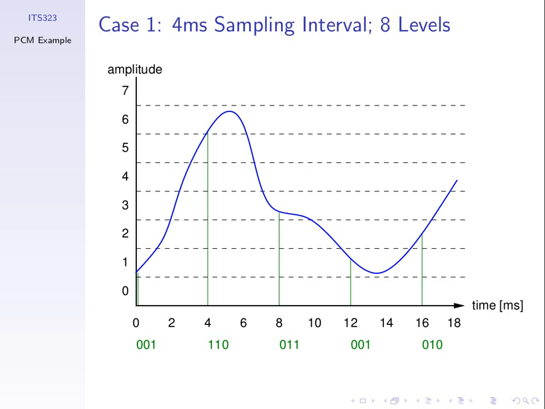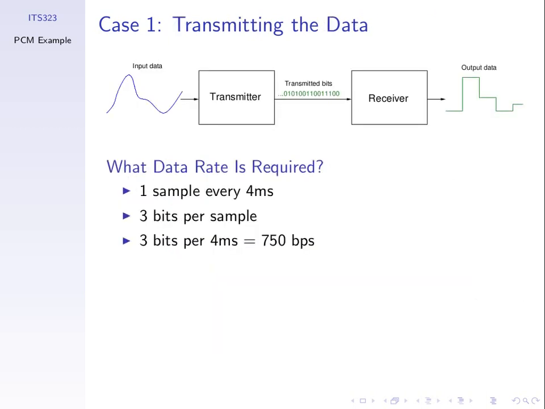We can now transmit those bits across our communications link, for example using non-return to 0 or any other encoding technique. And the receiver should receive those bits, and then the receiver has the job of reconstructing the analog data. It takes those bits and tries to produce the original analog data. It's captured here where we have an input data. The transmitter includes a codec or a coder that converts that into binary.